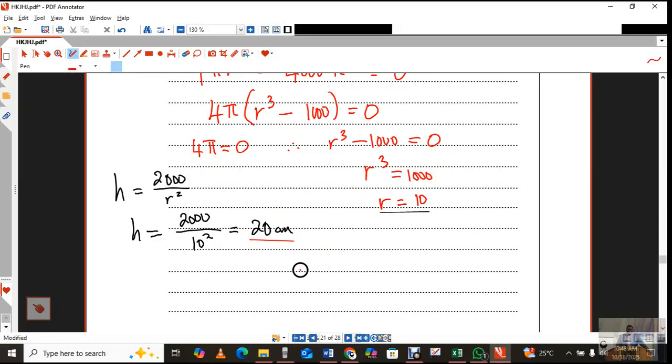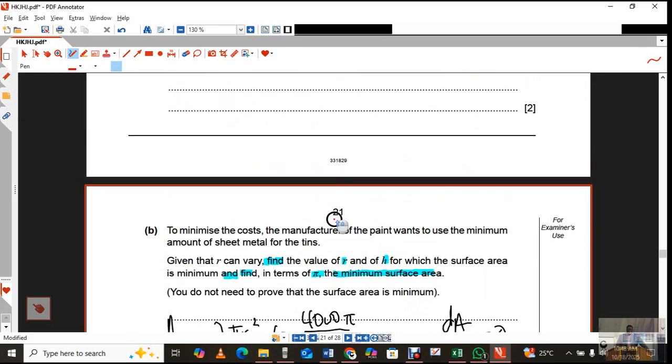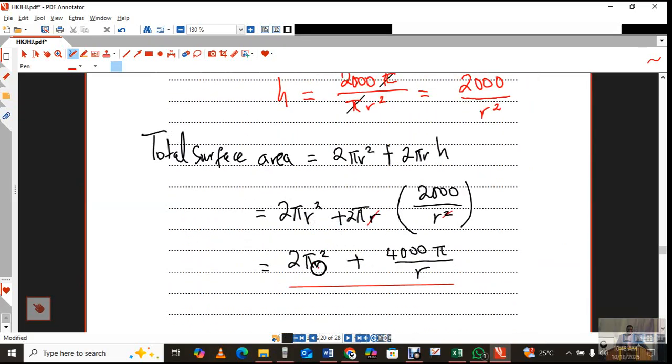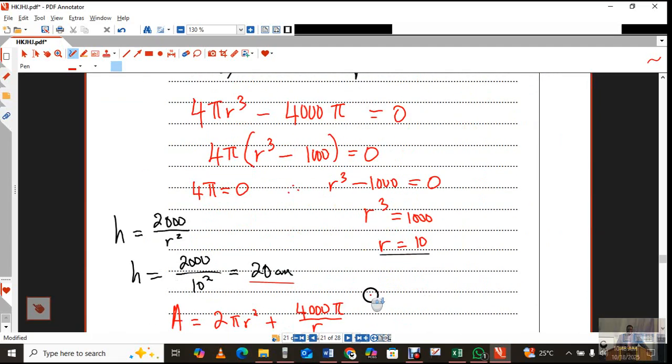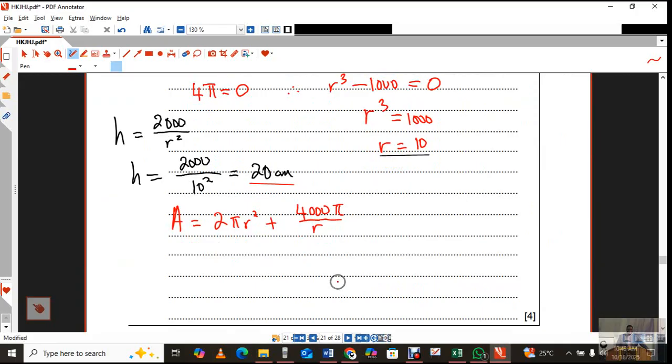So now I can find my area. Remember, the area formula was 2 pi r squared plus 4,000 pi over r. Now that I know what my r value is, I can actually calculate the area.